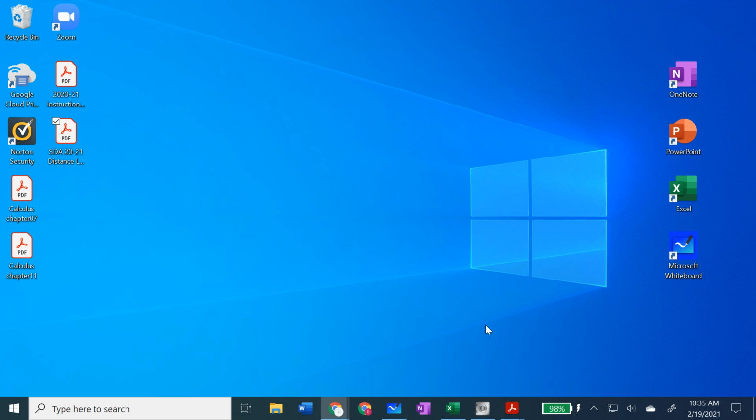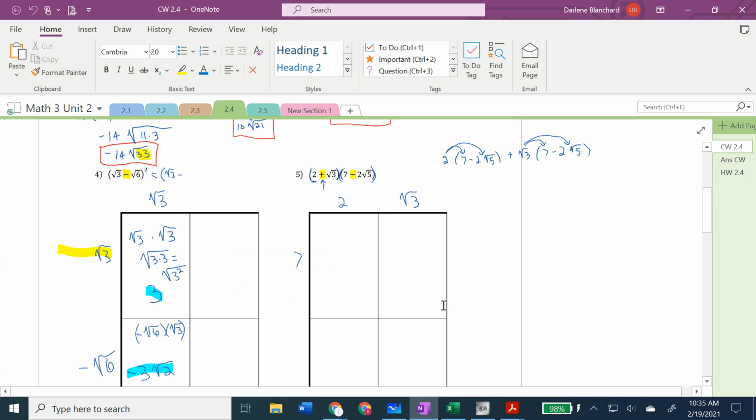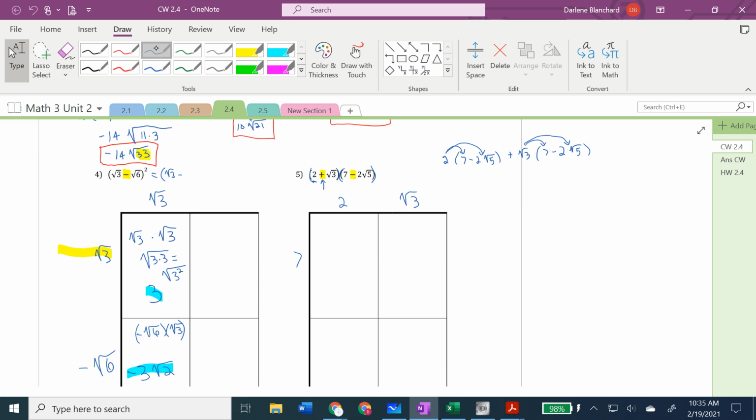It's not coming back. That's fantastic. I think I need to have my computer looked at this weekend.